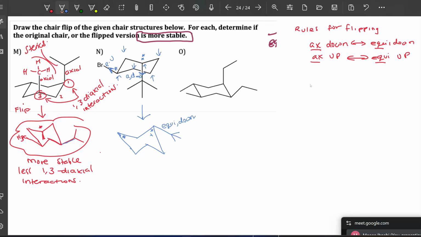And then here, equatorial up goes where? That's going to be axial up. Exactly, straight up. And this structure is also going to be more stable than the original one, because the isopropyl is bigger than the bromine, yes. Awesome.